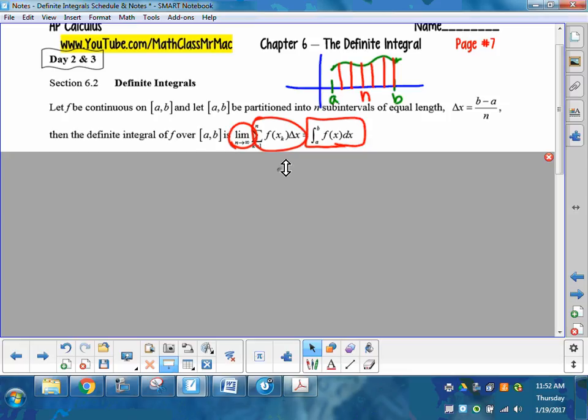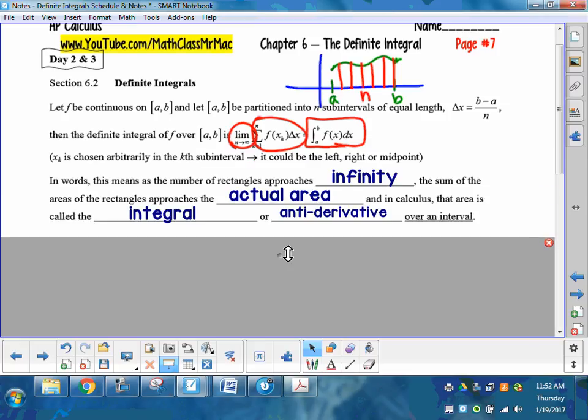Use appropriate language. The way we say it is, the integral of f of x from b to a. The b is the upper bound or the rightmost point. The a is the lower bound. So it goes the integral of f of x from b to a. That means you're collecting the area under the curve of f of x from b to a.